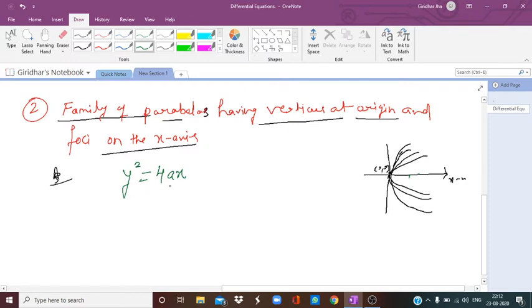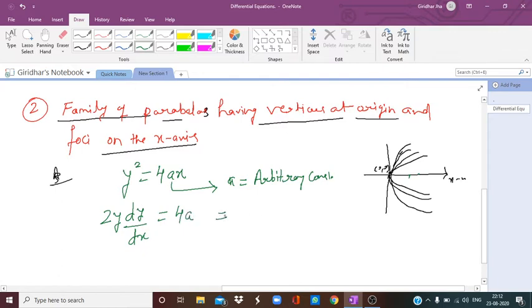So now while looking at this equation, there is one arbitrary constant here, which is a. A is the arbitrary constant and we have only one. So we have to differentiate once only. So differentiate this: 2y into dy by dx is equal to 4a, derivative of x is 1.